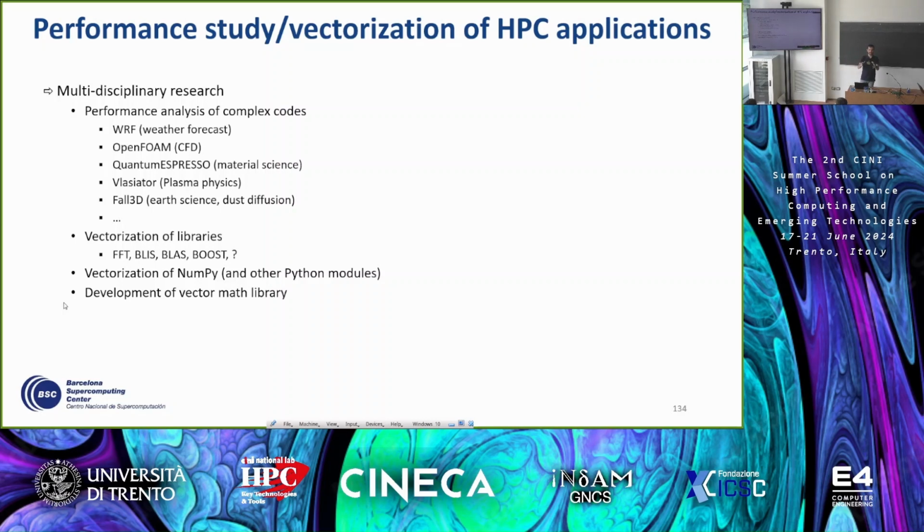You take an application, you compile it, you run it, and you start digging into what's limiting the vectorization. And that's the way to prepare the road to the vector CPU. And we have a lot of those codes.